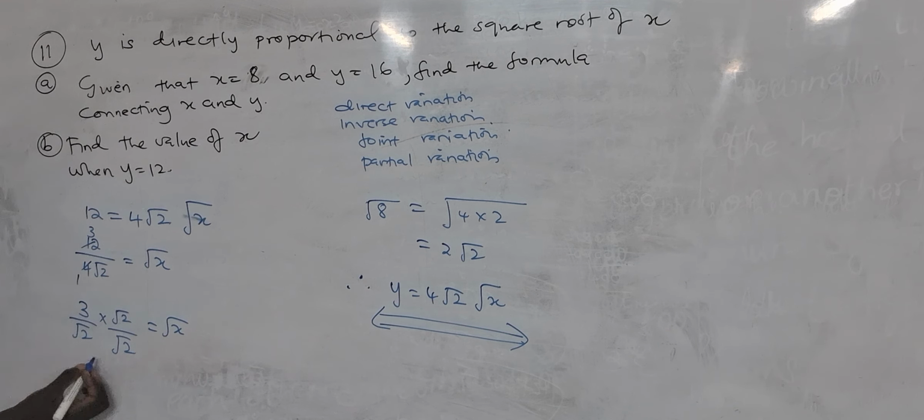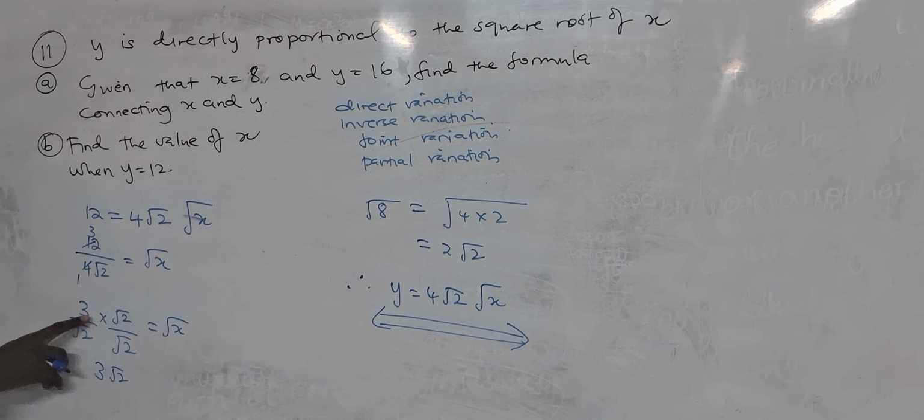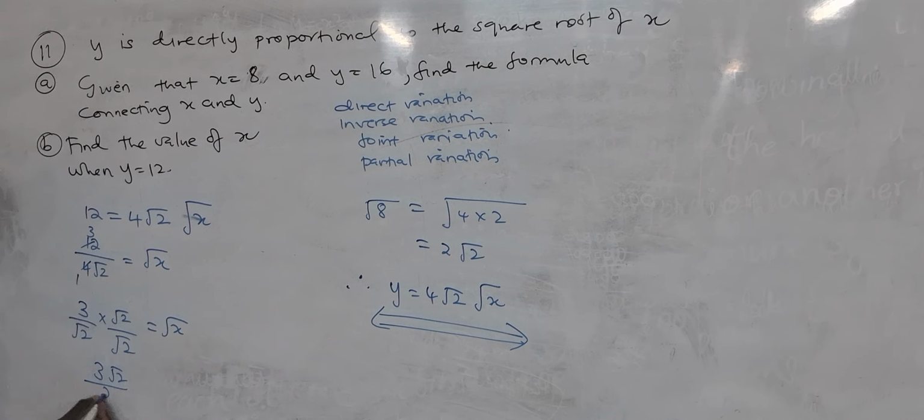This is nothing but 3 root 2 divided by 2 is equal to root x. Here we are.